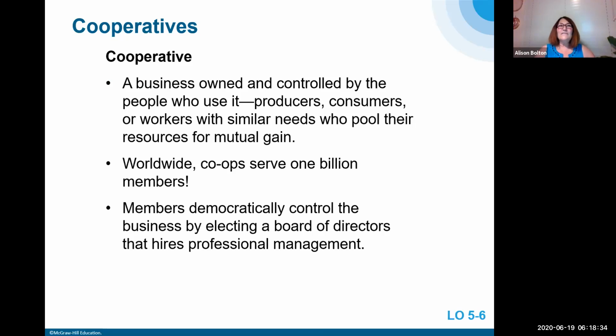Now, one of the kinds of businesses we have that are not really talked about a lot are cooperatives. And it's usually a really nice kind of thing. There's a place called the Brownstone in Benicia, and that is known as a cooperative.